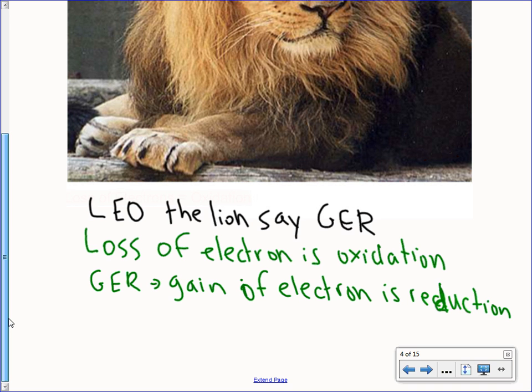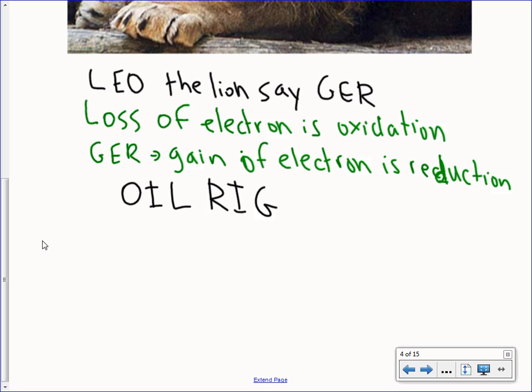If you don't like Leo the lion or you have a thing against cats, the other one that you can use is OIL RIG. So with OIL RIG, the way that one works is the OIL part is oxidation is loss.